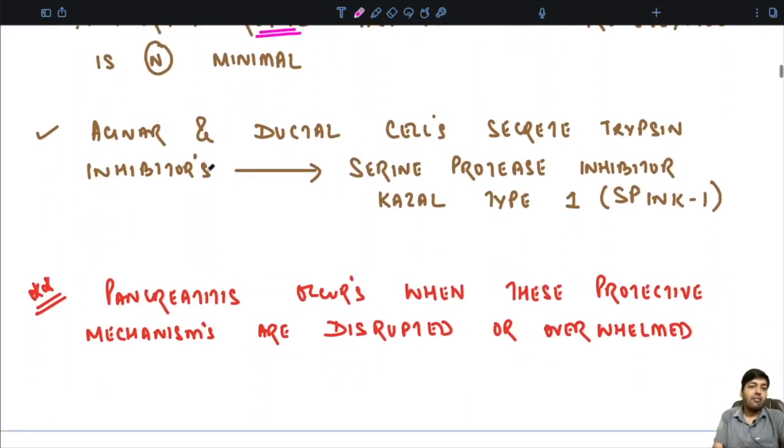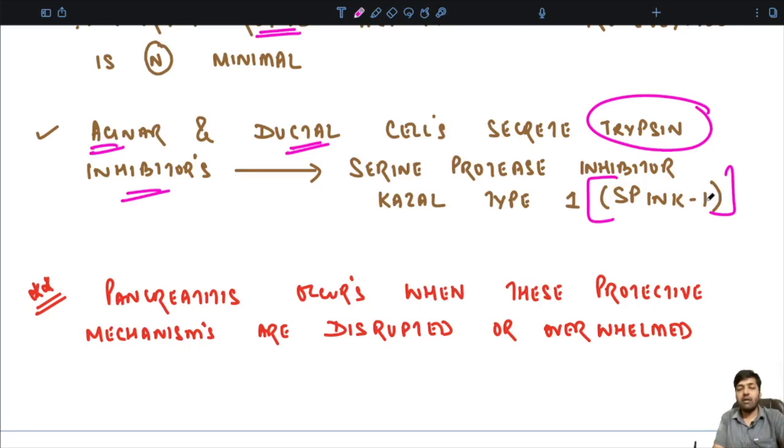Okay. Remember, normally the acinar and the ductal cells secrete trypsin inhibitors, which are serine protease inhibitor Kazal type 1, also called SPINK1. Also remember that the pancreas has an exocrine part and an endocrine part. The exocrine part is composed of the acinus, which is secreting the enzymes, and a ductal system which is carrying these digestive enzymes.